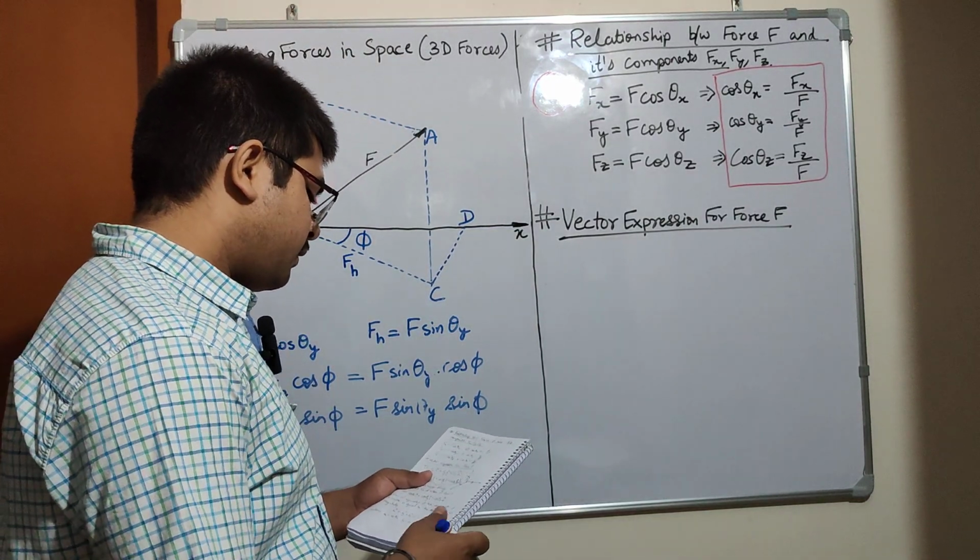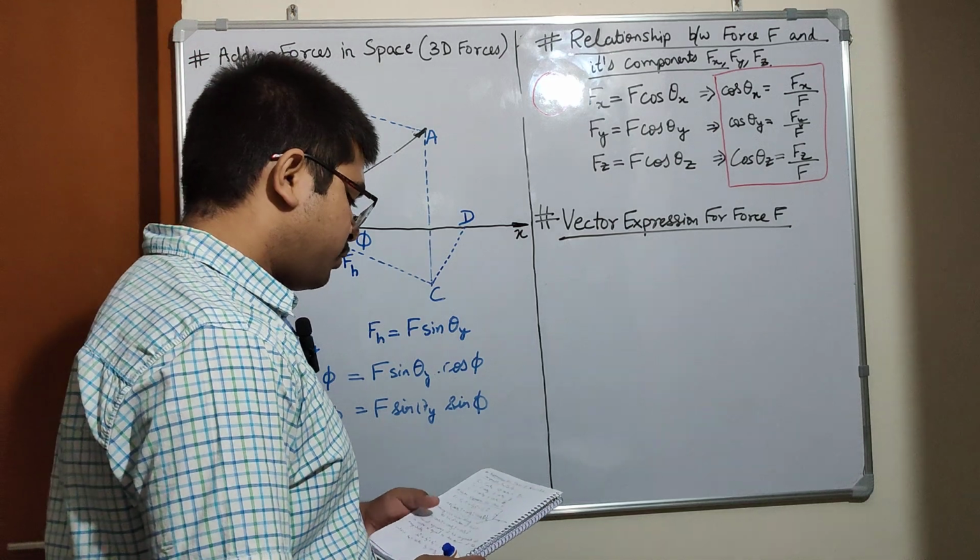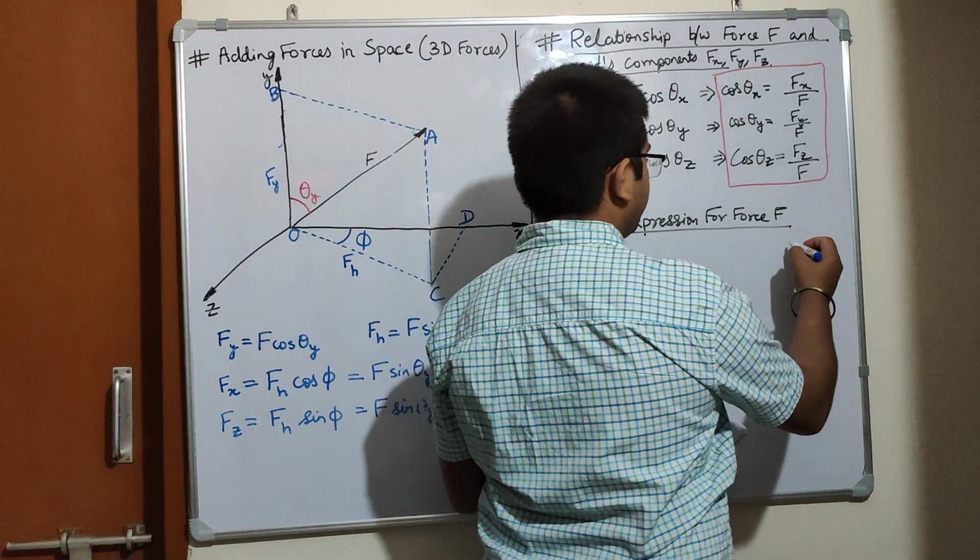We all know that we have unit vectors for the i, j and k components.